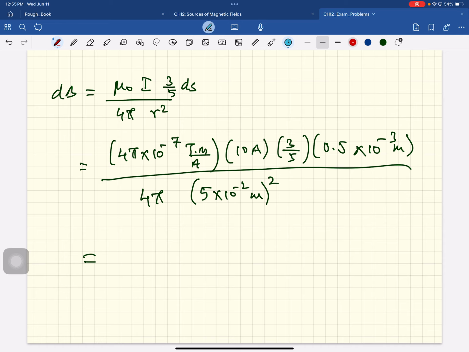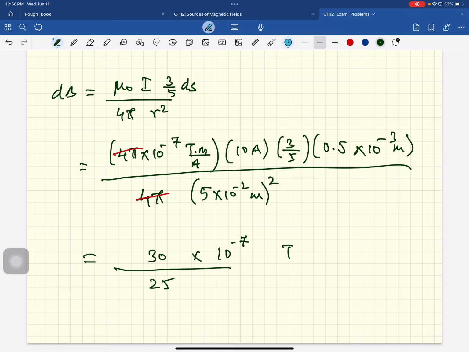All right. So the 4 pi cancels. This is 10 to the minus 4 and 10 to the minus 3, 10 to the minus 4. So that cancels that. We'll make that a 5. That 5 cancels that 5. 30. So 30 into 10 to the minus 7 Tesla divided by 25.